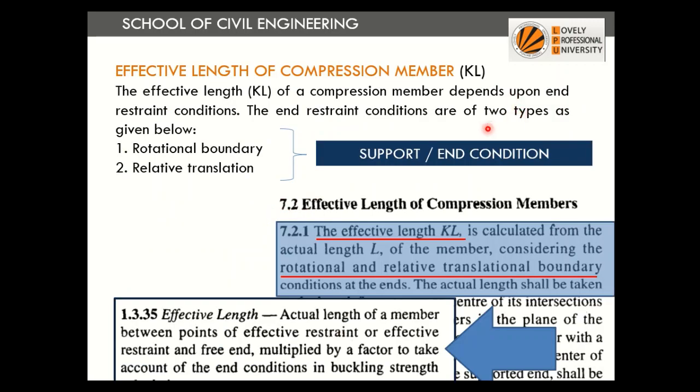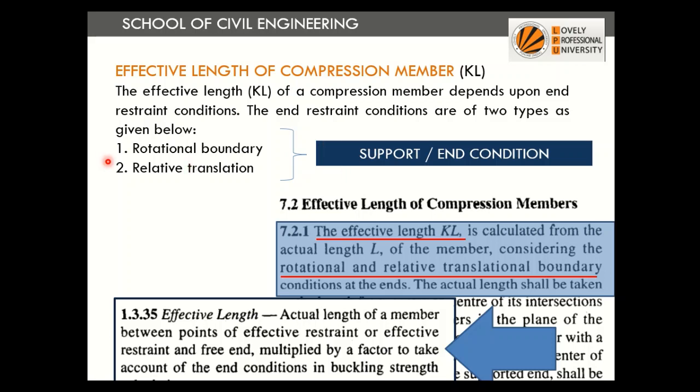As we have already seen, the performance of a column is a function of its length. Actually it is the effective length. So effective length is designated by KL, where K is the length factor, which depends upon the end restraint condition. End restraint condition is nothing but the support or end condition of the column.